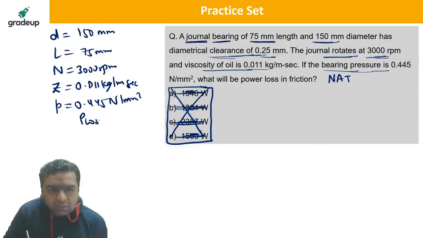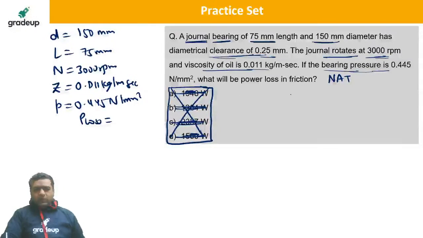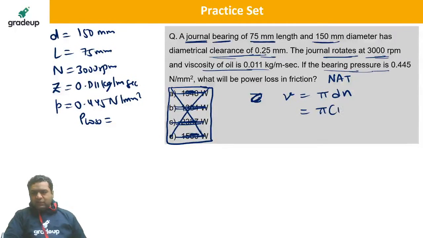Power loss. First of all, you go for shear stress, or before that you will be finding out velocity. It is pi D N. So you will be finding out pi D, D is 150, N is 3000 by 60. This will be velocity in meter per second.